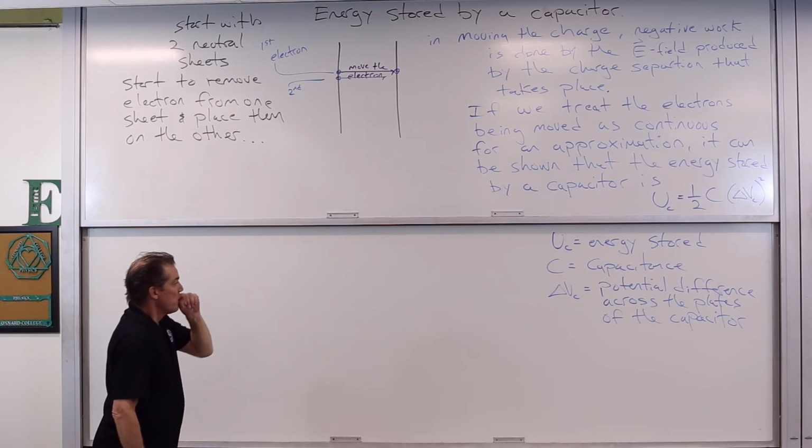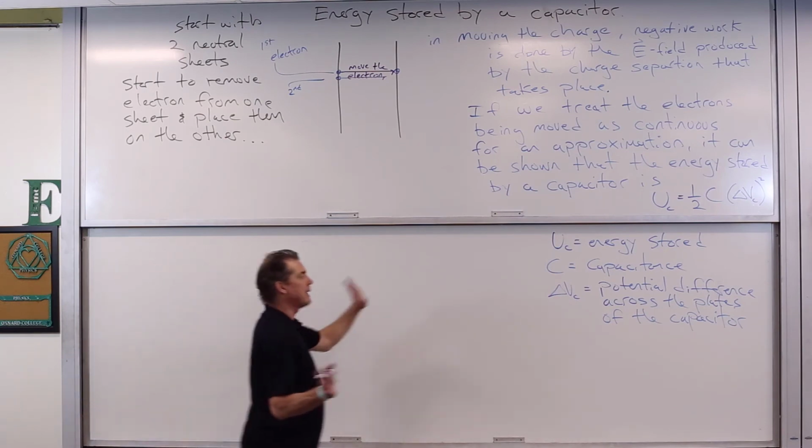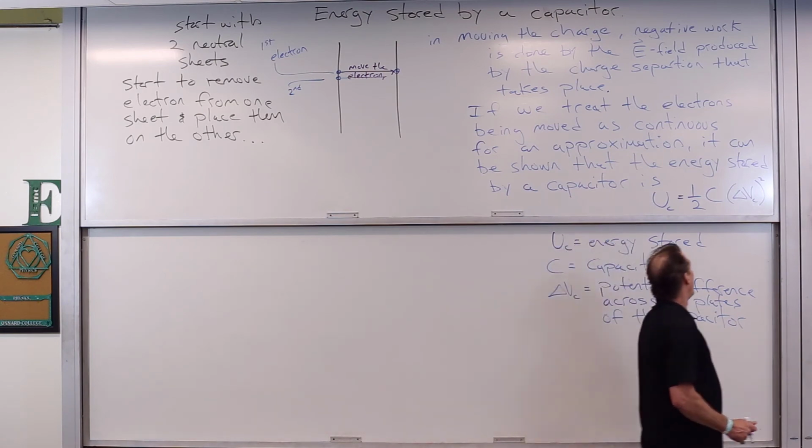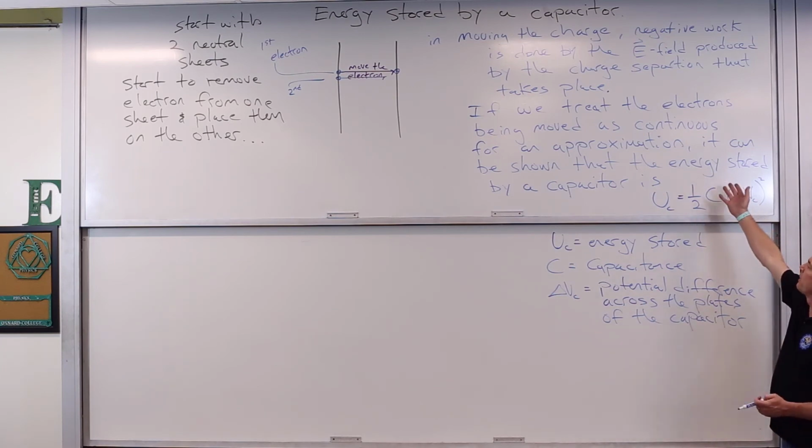There we go. So that's pretty much that for just stating it out. Now, you can of course show this as well. So that's more for the calculus-based course because we got to be utilizing continuous charge distributions. So at that, all right.